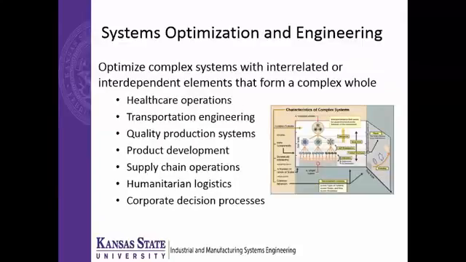Here, we talk about systems optimization and engineering. Really what we're looking at in industrial engineering is how we do it better, faster, cheaper, smarter. And so as we look at industry today, it's complex. There are multiple facets, multiple stakeholders, multiple types of decisions.